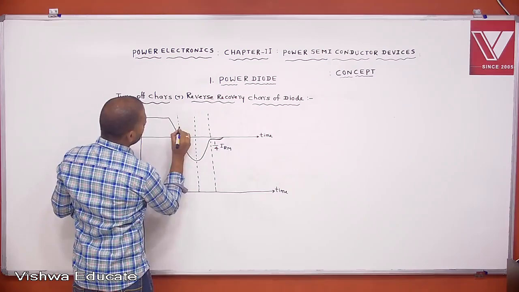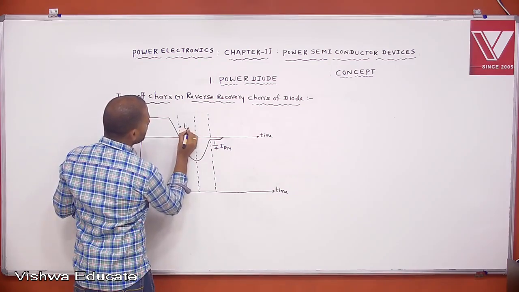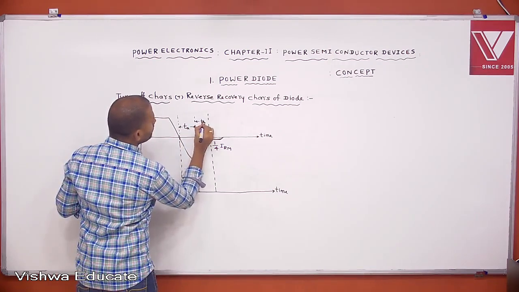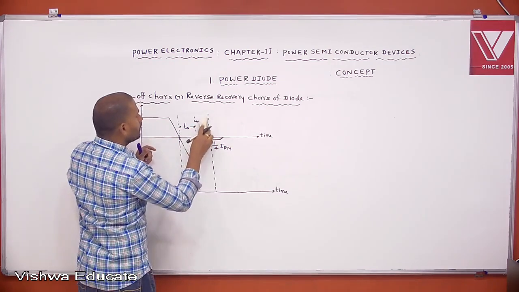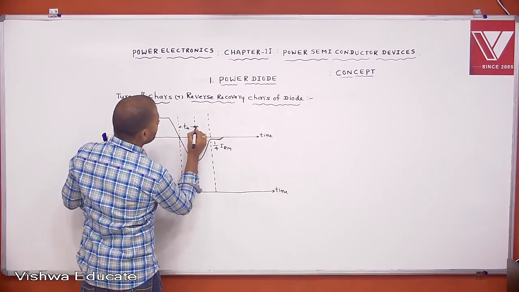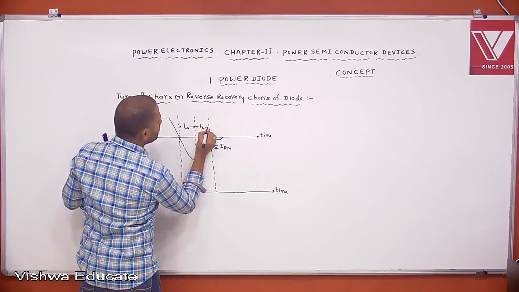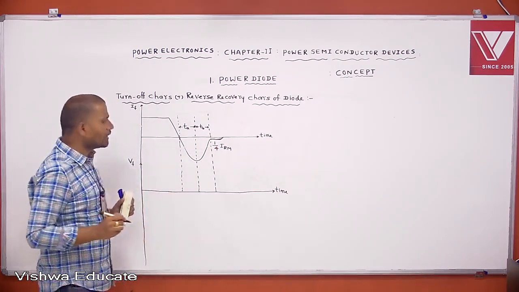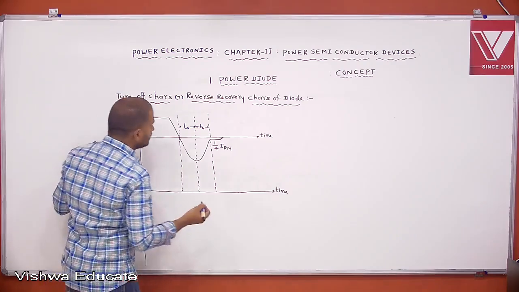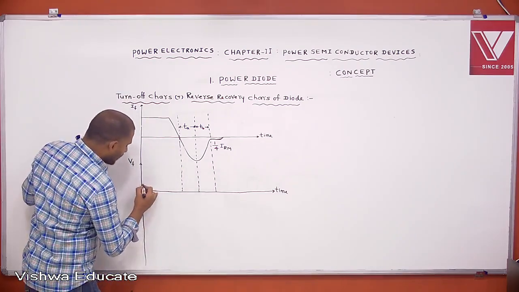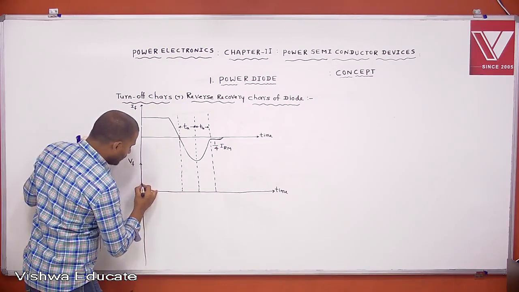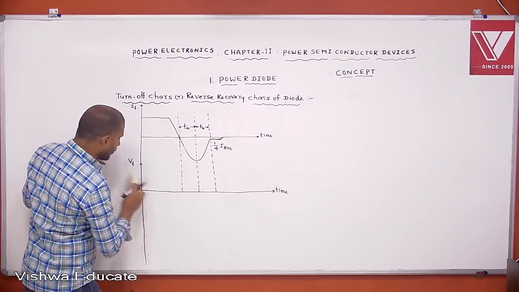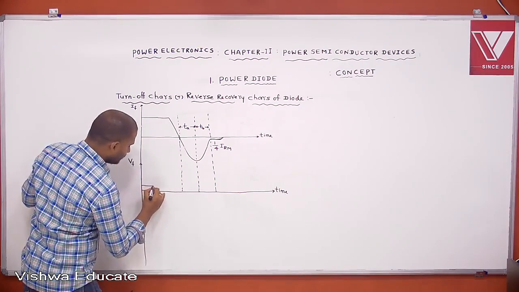Let this time be t_a and this time be t_b. The significance of t_a and t_b I will give later. Then this is the forward voltage drop across the diode during the conduction.